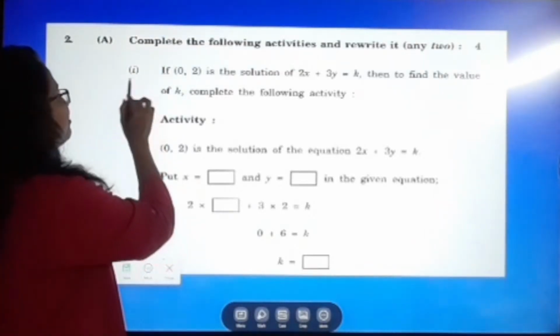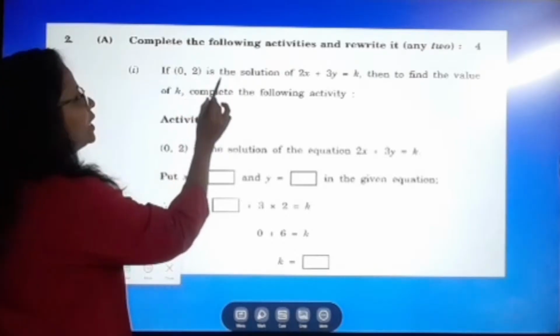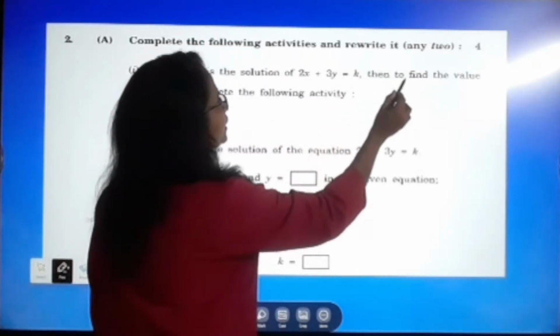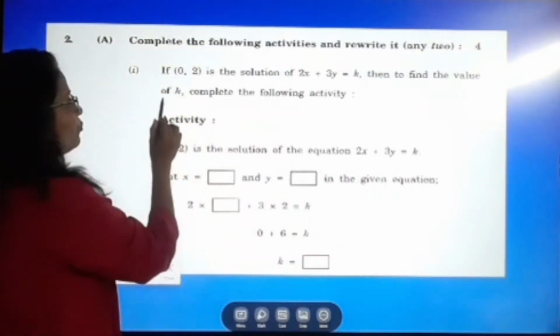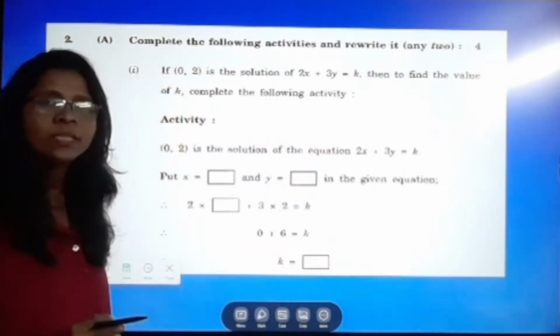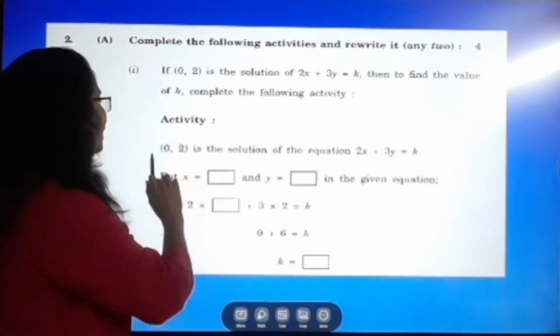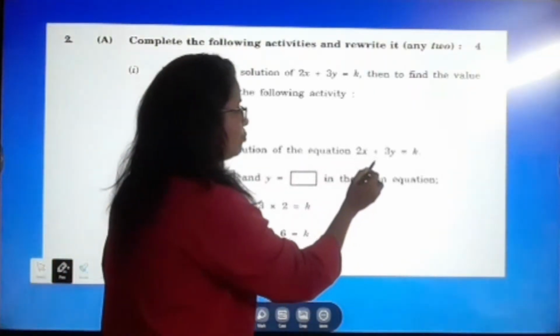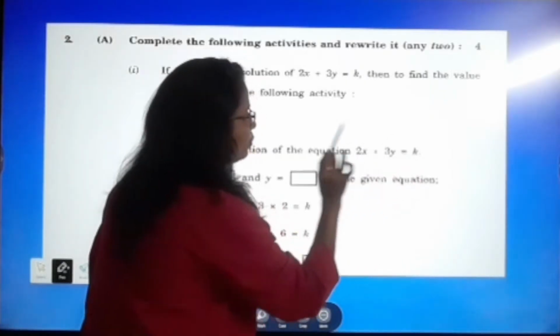Okay, so first question: if (0, 2) is the solution of 2x plus 3y is equal to k, then to find the value of k, complete the following activity. Activity: (0, 2) is the solution of the equation 2x plus 3y is equal to k.